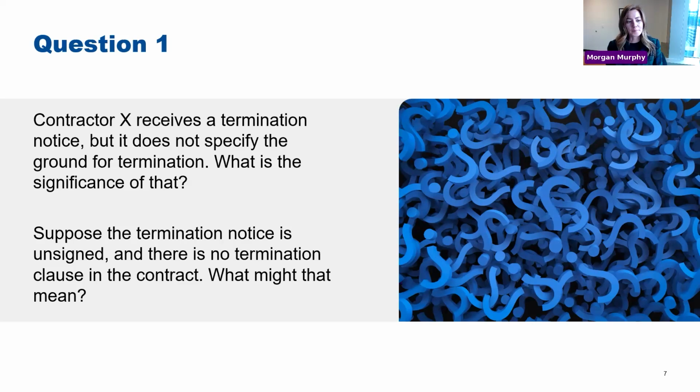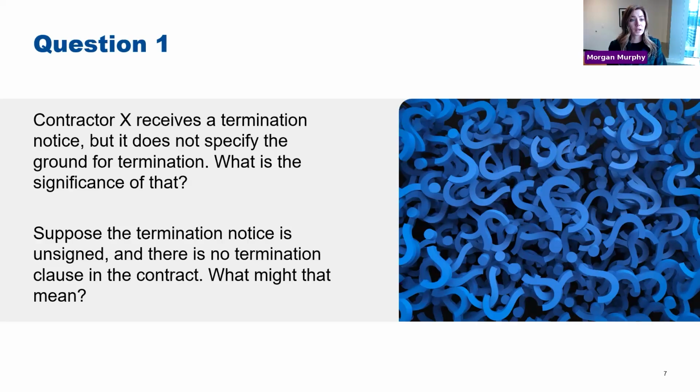So on the first one, if you've received a termination notice, but you don't see any specification for the grounds for that termination, what's going to be the significance there? Well, one, you'd want to let the government know why you think that they are terminating your contract. What you're not going to want to do is get too bent out of shape over this one, because this is a very easy fix for the government. It's predominantly just a procedural defect.